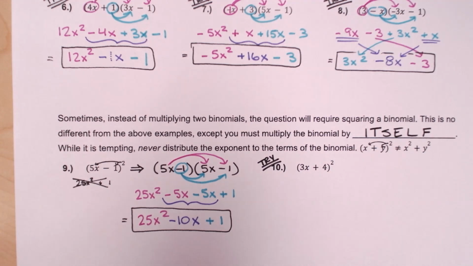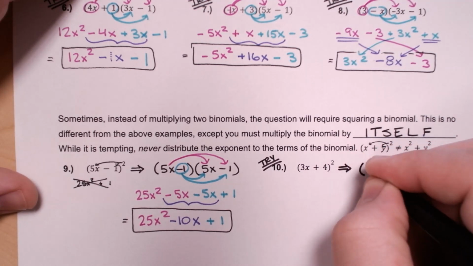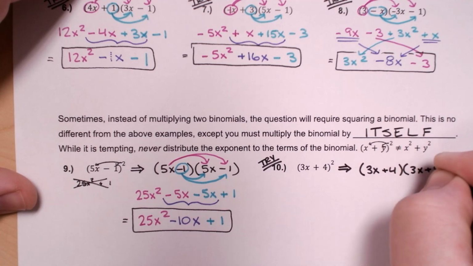I'll go over this in just a moment, but if you need more time, you can pause the video. All right, again, I'm going to write this twice and say 3x plus 4 times another 3x plus 4.